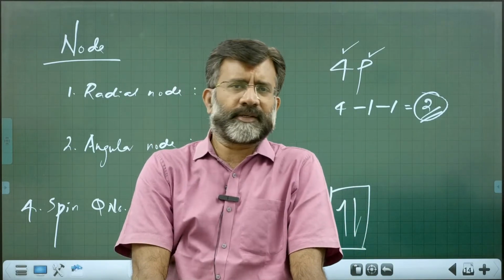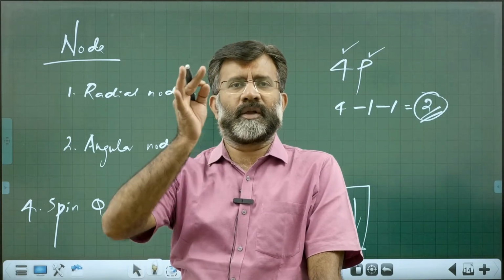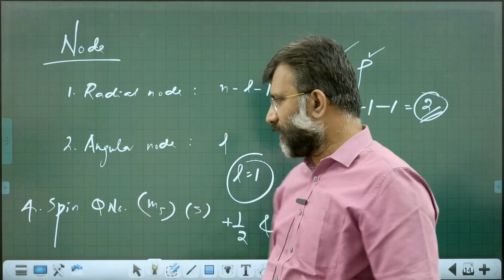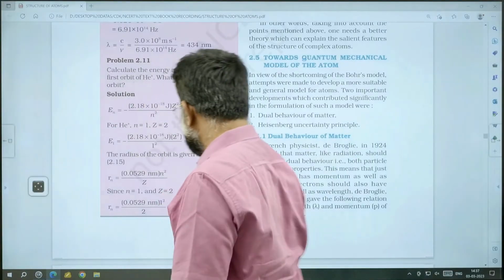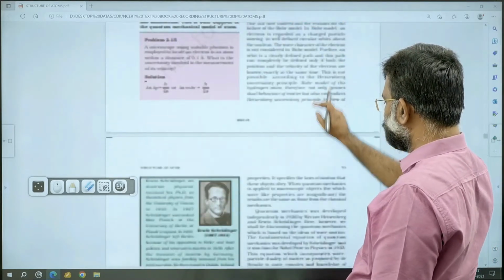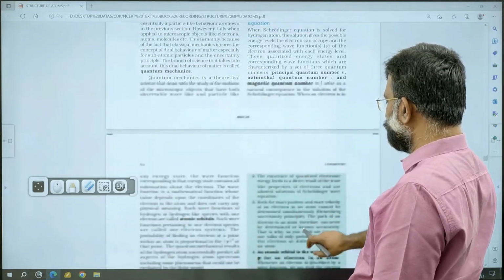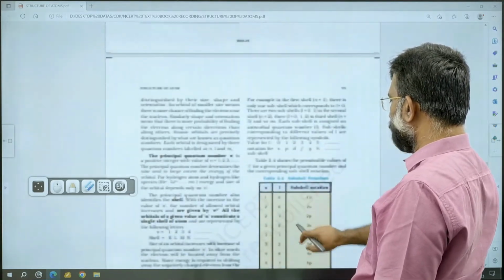And the last topic in the chapter is electronic configuration. These are the areas we were going through so far.